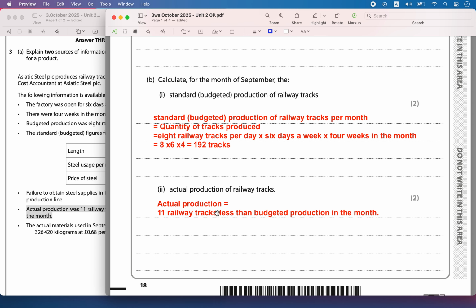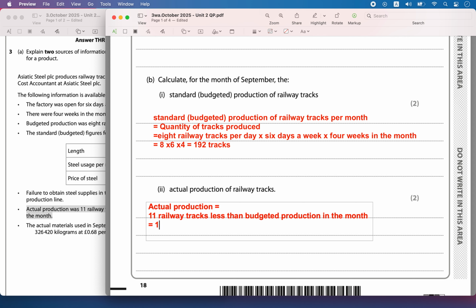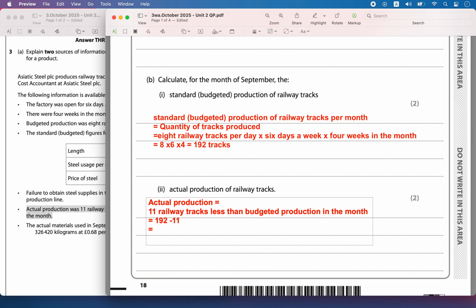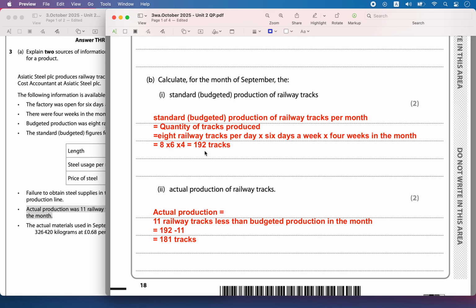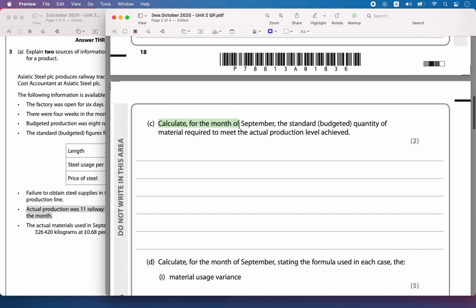Tracks is equal to 11 railway tracks less than the budgeted production in the month. So that means 192 minus 11, that is equal to 181 tracks. So this was the actual production that has happened. They were not able to meet the budgeted production.